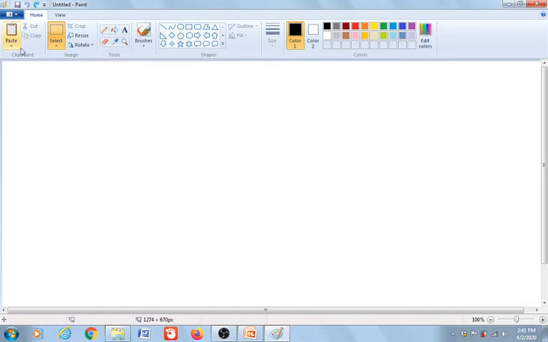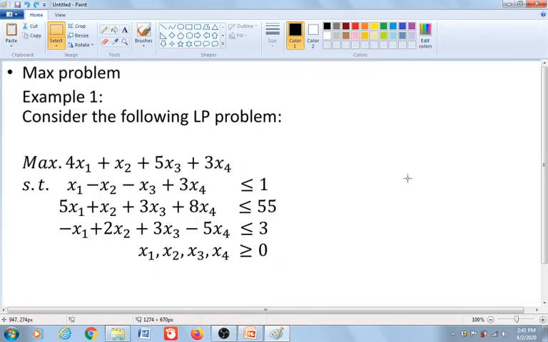Okay, so this is the problem. We have a maximize problem for x1 plus x2 plus 5x3 plus 3x4, and we have 3 constraints and the non-negative constraints.